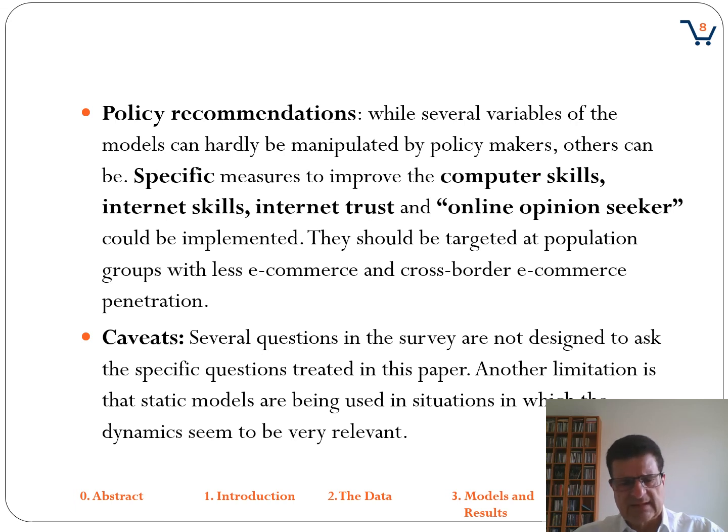Caveats of this type of model are that some questions are not designed to ask the specific questions treated in this particular paper, and that another limitation is that we would need to have panel data, which is something that we are going to do in the near future.